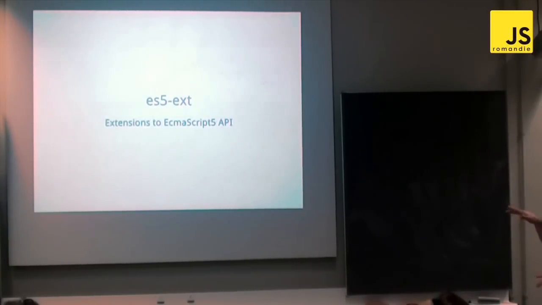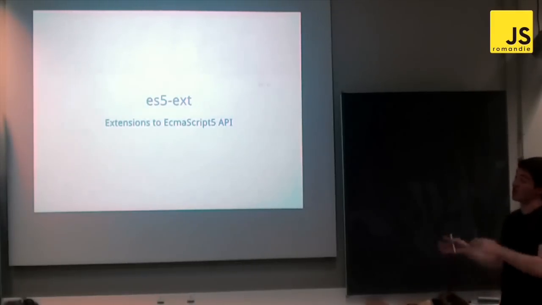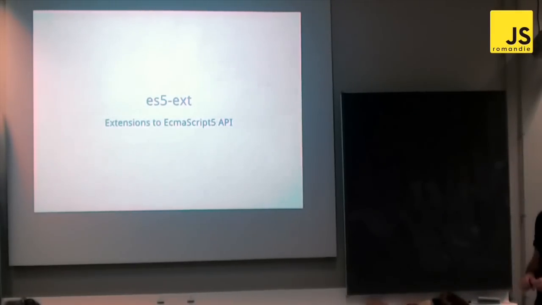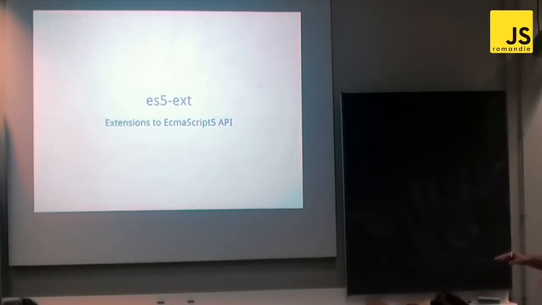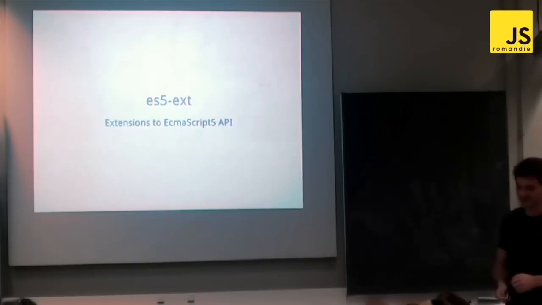Also in ES5-ext, most of those functions are defined as methods, which can also be used as functions. In the application-dedicated logic, we actually extended the native prototypes because we didn't mind. But low-level modules don't use the extended prototype version, though they still use the same functions. So it's kind of safe.